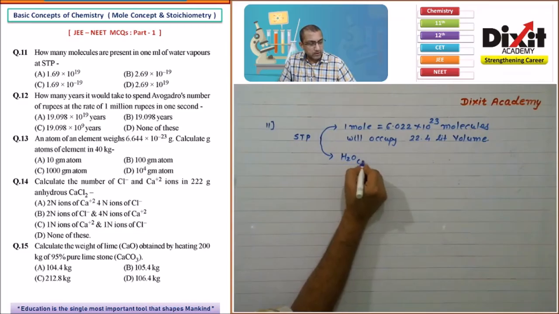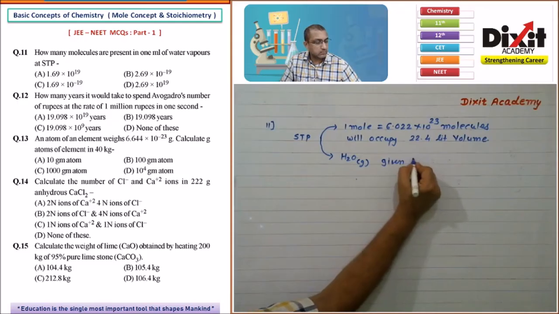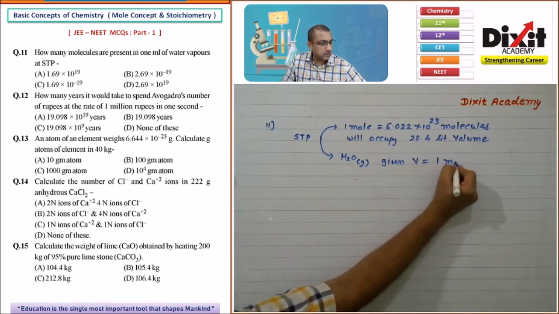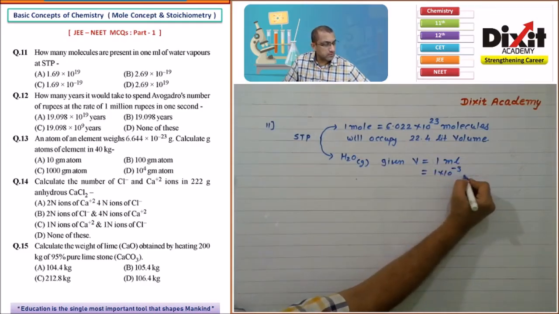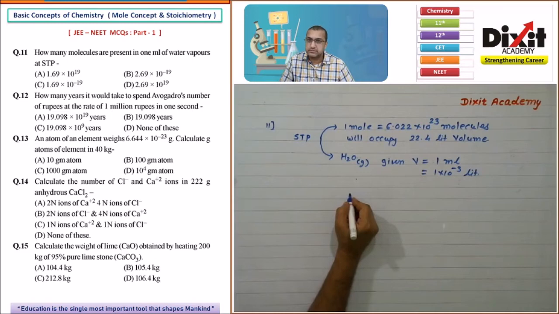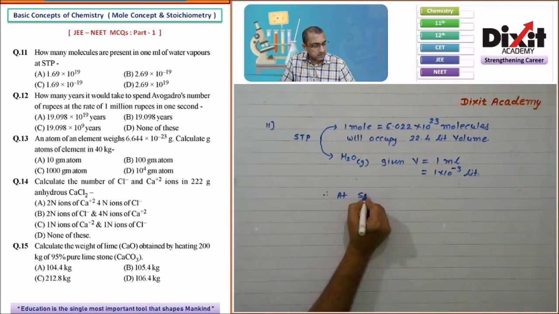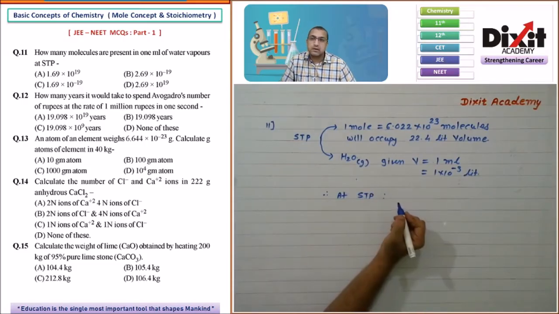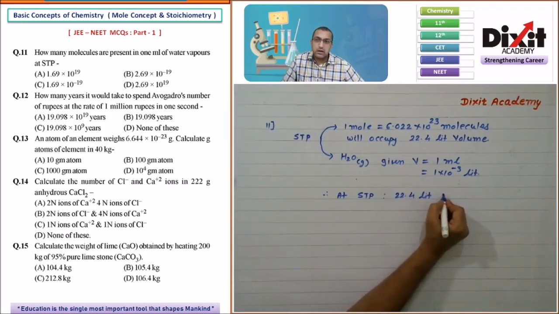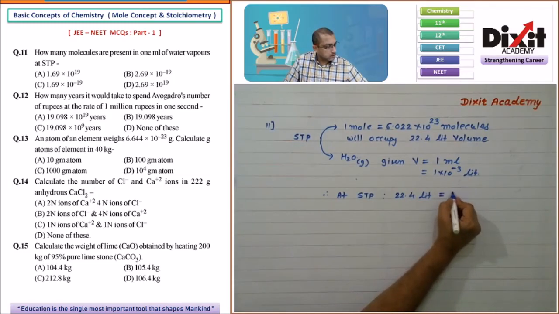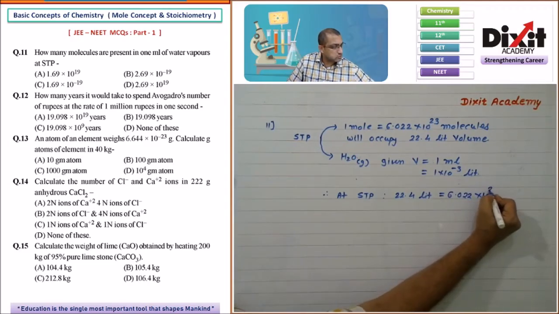Now for water vapor, given volume is equal to 1 ml. 1 ml is equal to 1 into 10 raised to minus 3 liters. Therefore at STP 22.4 liters occupy 6.022 into 10 raised to 23 molecules.